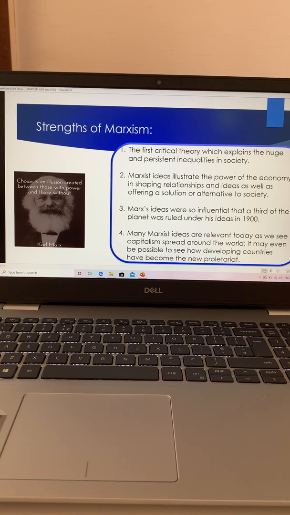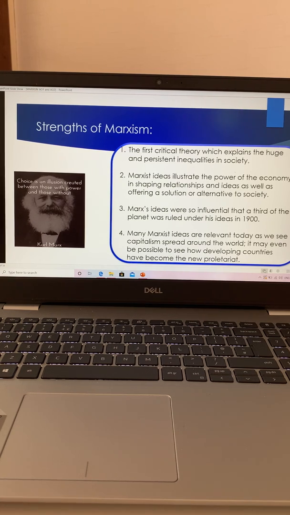If you're not earning enough, if you can't provide or you're being exploited, it's there. That theory is there to show why people are unequal in society. It looks at how powerful the economy actually is in shaping relationships, as well as trying to offer solutions. So you can think right now, where is our economy at the moment? How would a Marxist go about analysing that?